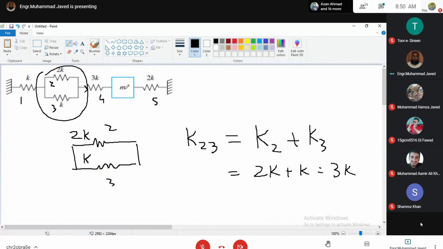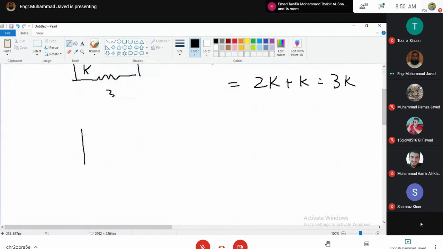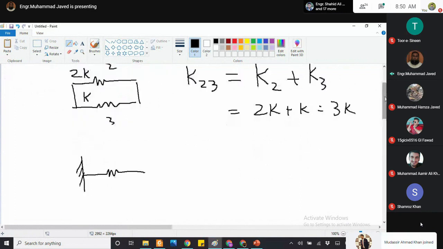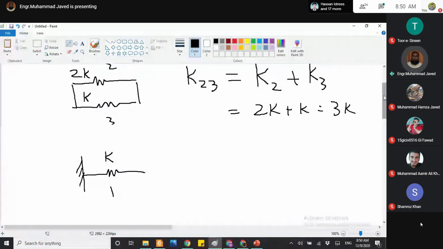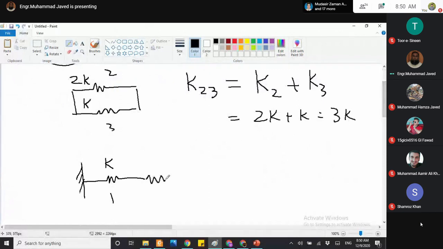And the above given spring system reduces to spring number 1, whose stiffness is K. Spring number 2 and 3 are replaced by a single spring K23, whose stiffness is 3K.